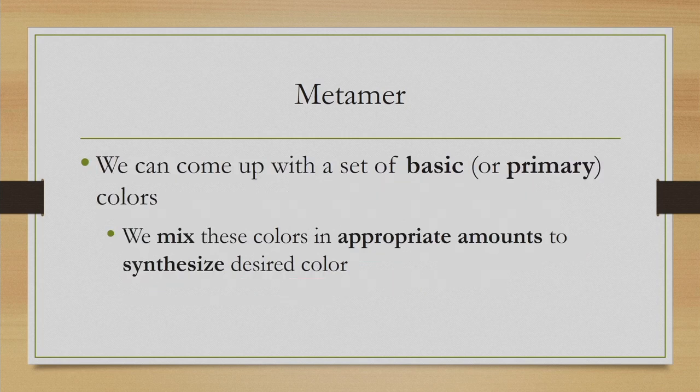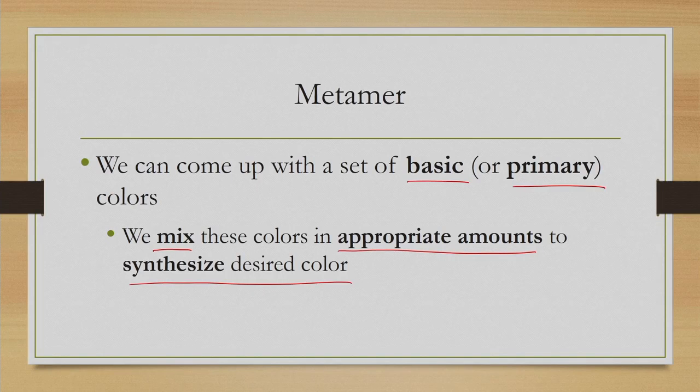In other words, we can come up with a set of basic or primary colors and then combine or mix these colors in appropriate amounts to synthesize the desired color. So, a corollary of the metamerism concept is that we need not know the exact spectrum.